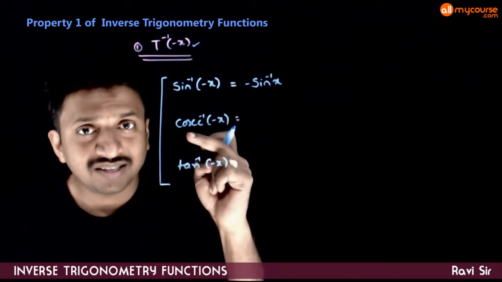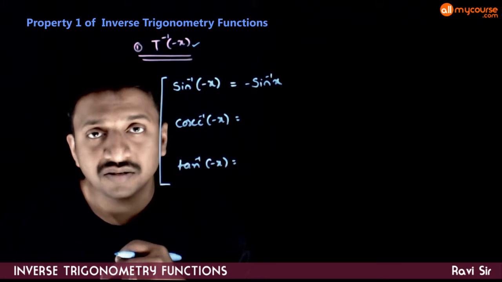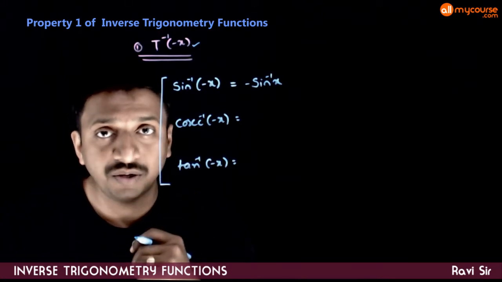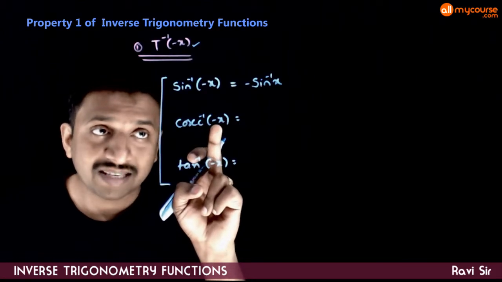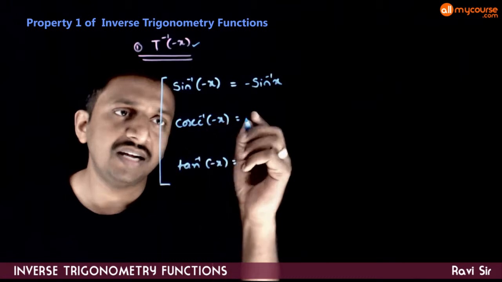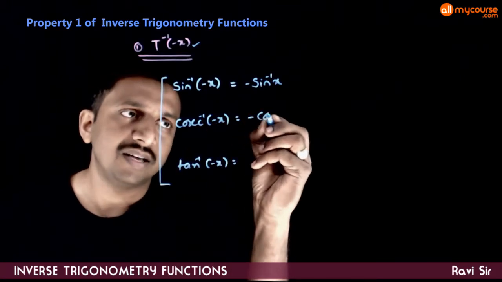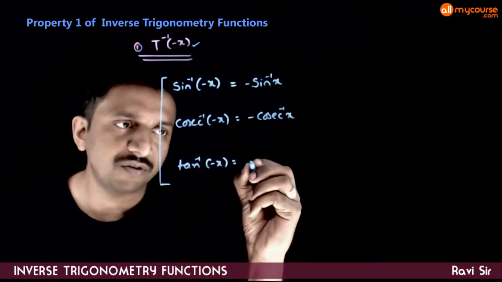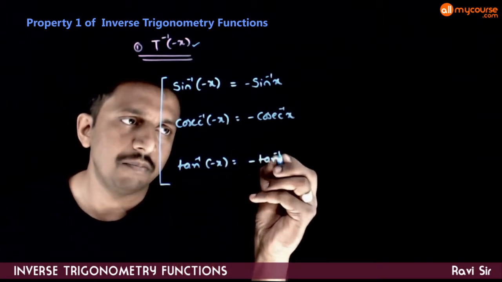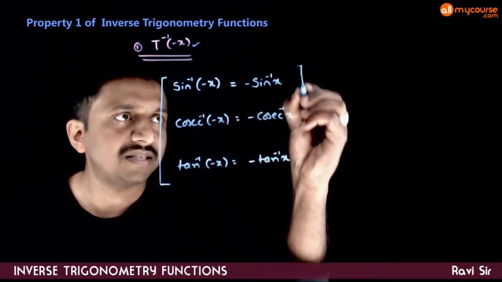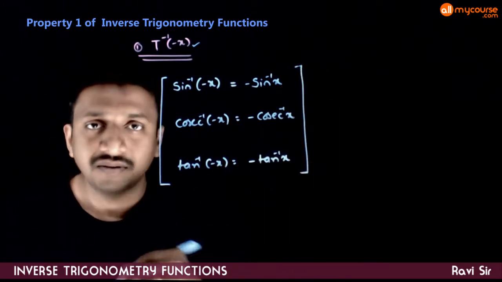So corresponding to these three inverse trigonometric functions, whose ranges are related to minus pi by 2 to pi by 2, this minus directly comes out from the inverse function. Cosecant inverse of minus x is minus cosecant inverse of x. Tan inverse of minus x is minus tan inverse of x. So these are the first three formulas.